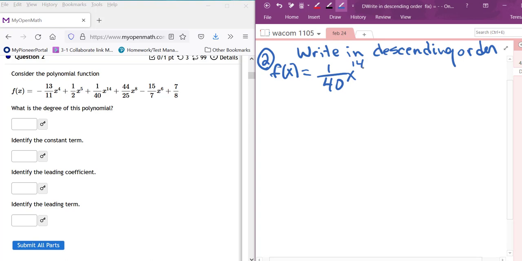Since you can see both screens, I'm not going to write the whole thing. And I'm going to pause for 1 second and get my glasses so I can see these little tiny exponents. All right, so the degree of this term is going to be 14.